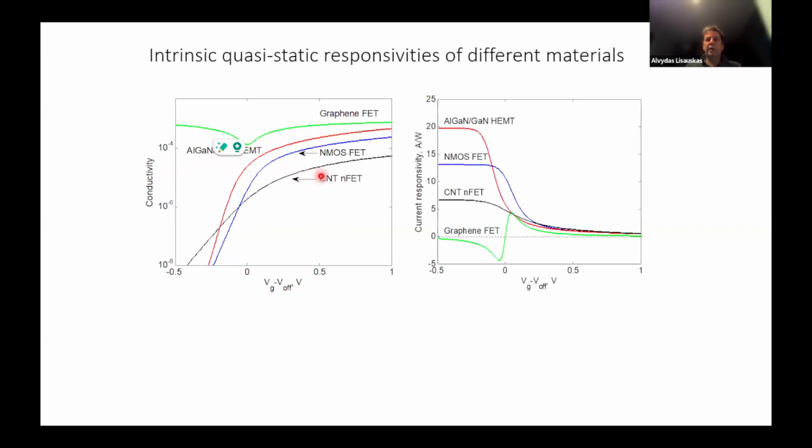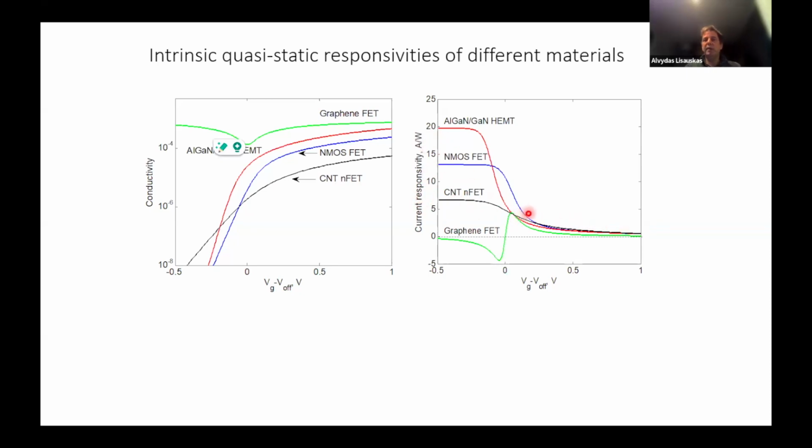If you use this and then just calculate what the current responsivity would be, we find that in the sub-threshold there is some factor variation here, and this variation is just the non-ideality factor of the device. But if we go slightly above the threshold, all performances are very, very similar, going to a few amps per watt sensitivity.